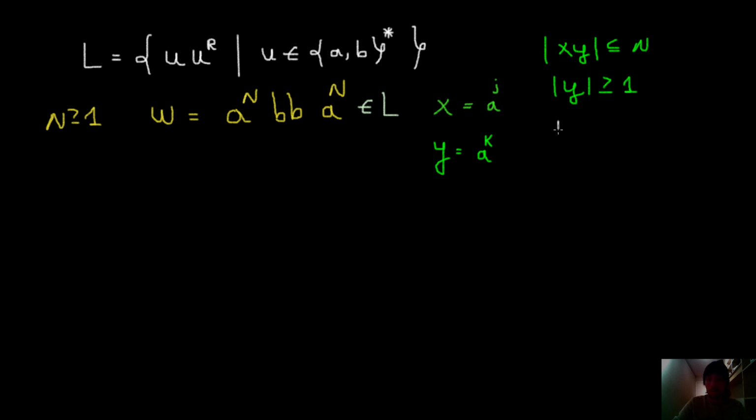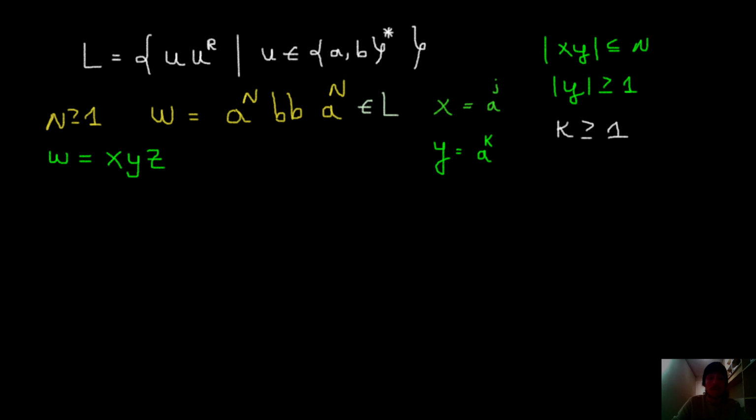So we can also establish this condition: k, which is the exponent here, is greater or equal to 1. And finally, remember that this word w needs to be represented as the concatenation of x, y, and z. And remember that this word w belongs to the language L and is this word.